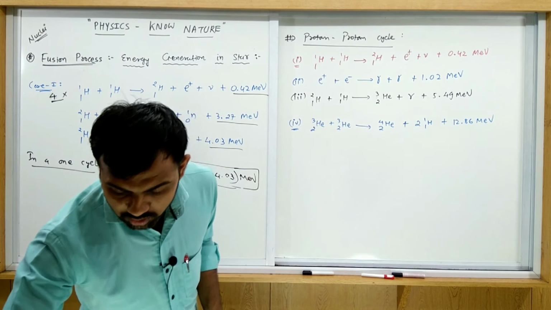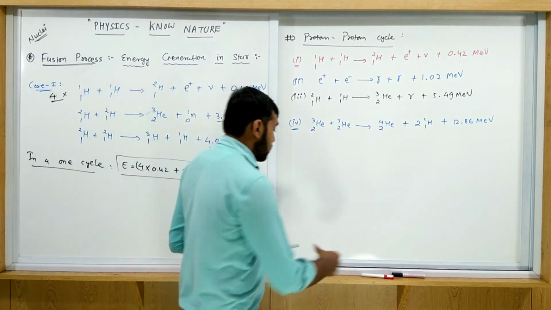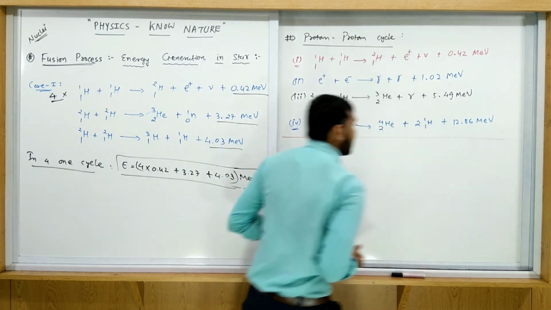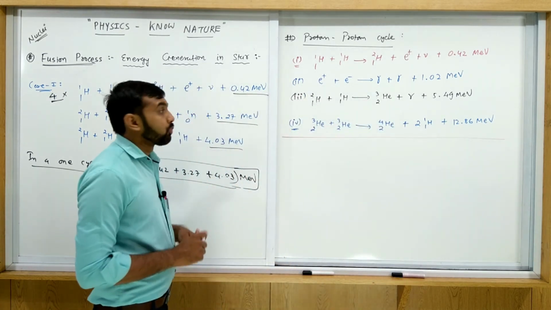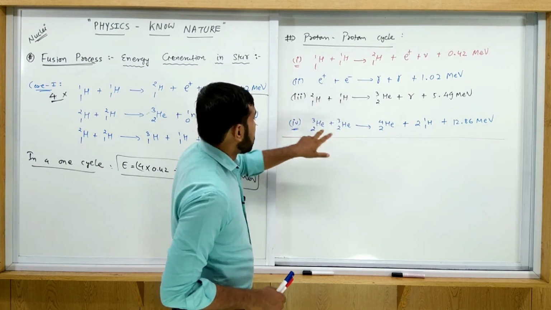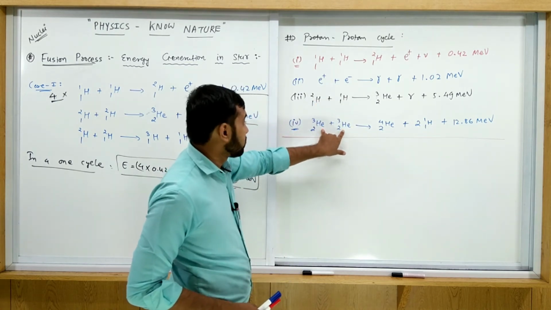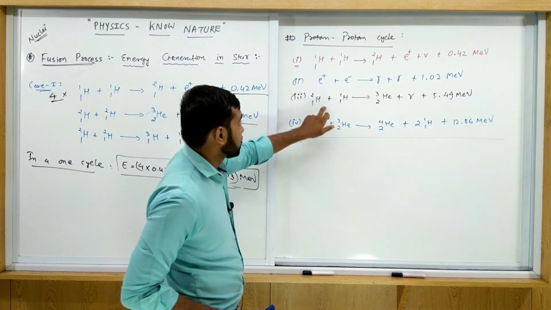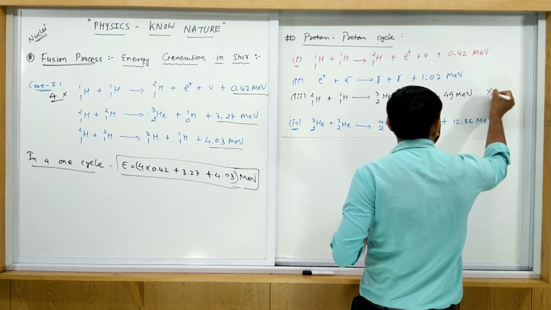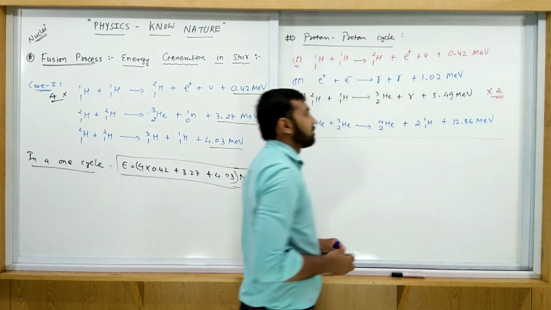If you consider this situation, then you can finalize this process. In this final one you need 2 isotopes of helium, so this process must be required 2 times. So multiply by 2.